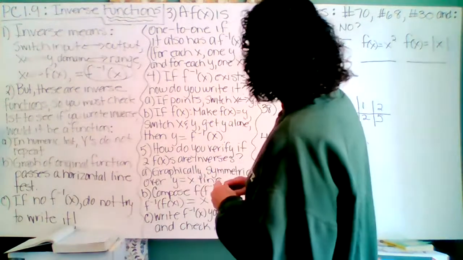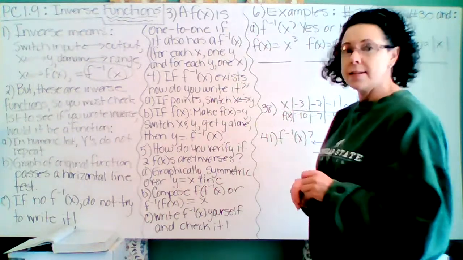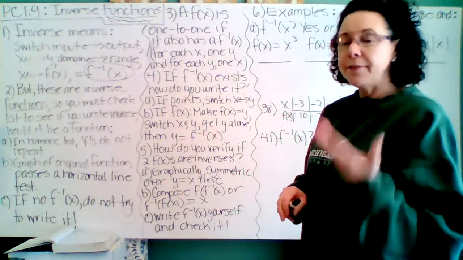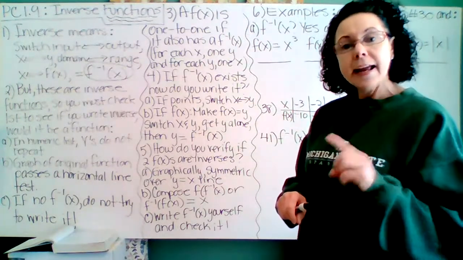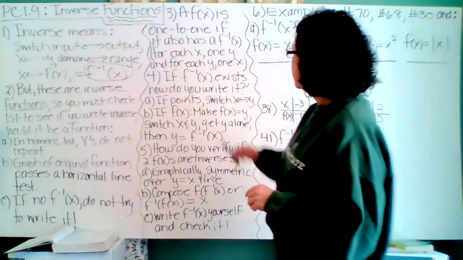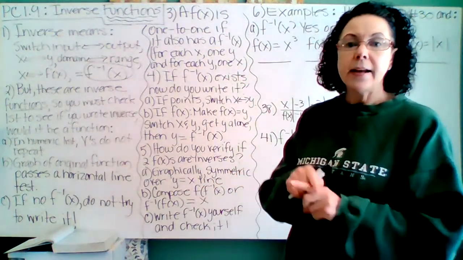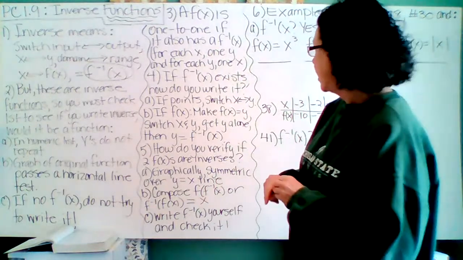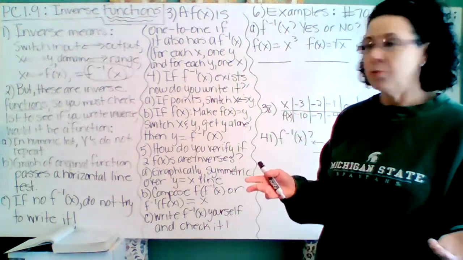Now, a little bit more: a function is 1-to-1 if it also has an inverse. Meaning if it's a function, then for each x, there's only one y. If it has an inverse function, that also means for each y, there's only one x, and that is called 1-to-1.